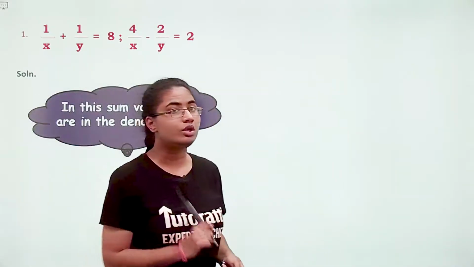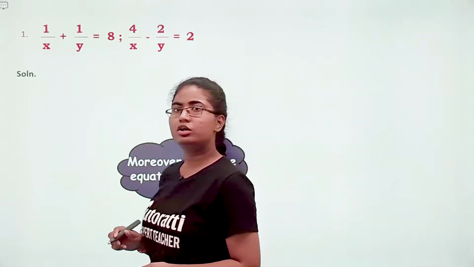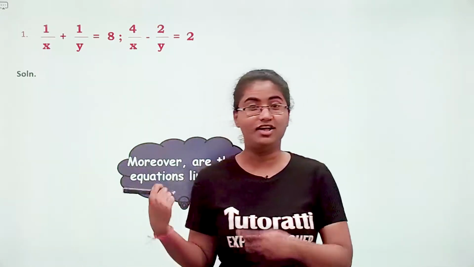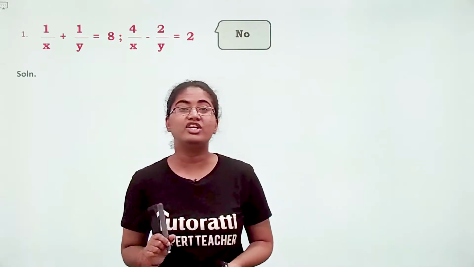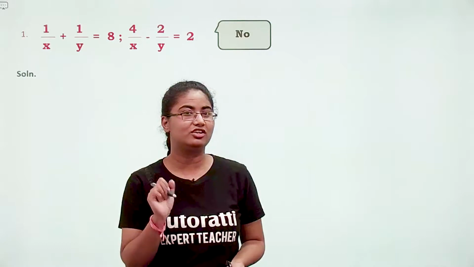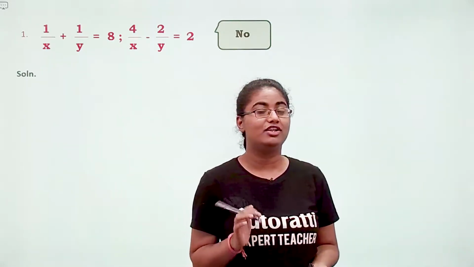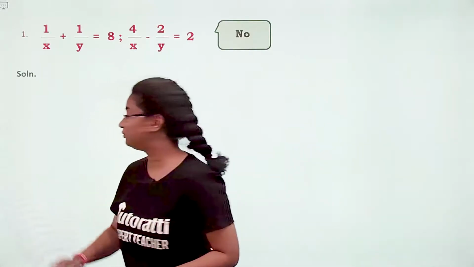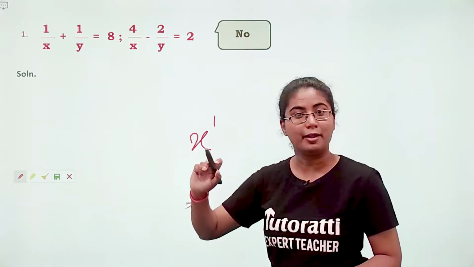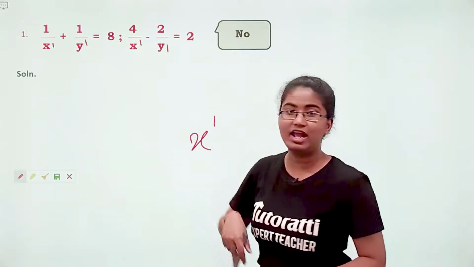So variables are in the denominator. Are they linear equations? No. है या ना? Are they linear equations? Linear equations का definition क्या था? The very first time when we introduced this chapter हमने देखा था linear equations are those जिनके variable की highest degree 1 होती है. यहाँ पे भी 1 है, no doubt. यहाँ पे भी 1 है.